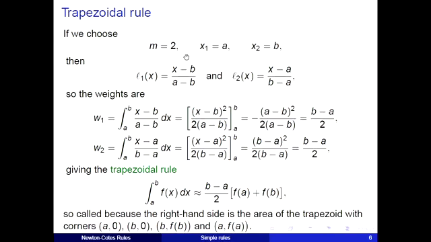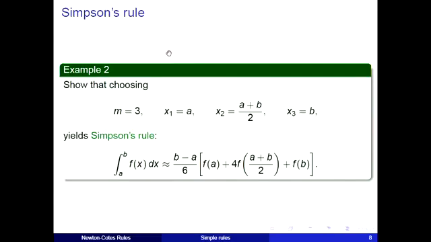And then you can increase m to be 3. So with 3, essentially you approximate f by a quadratic that goes through 3 points, a, b, and the midpoint.